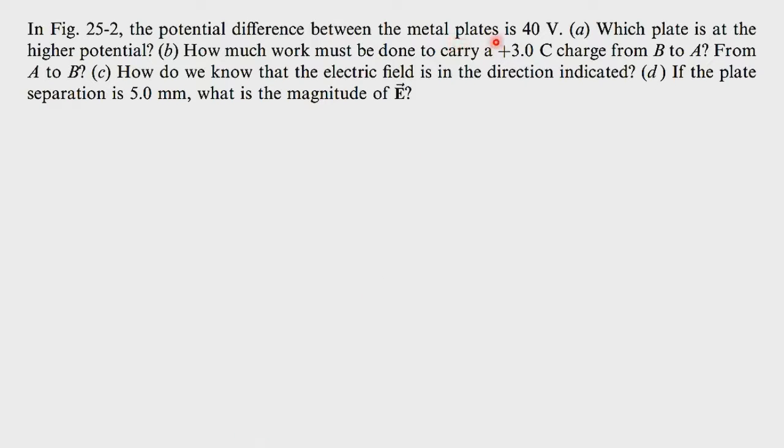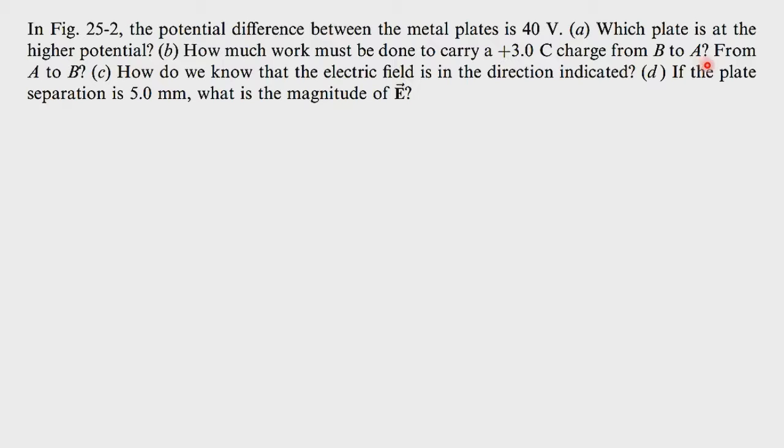So there is a metal plate that is already having a potential difference of 40 volts. The question is, A, which plate is at the higher potential? And B, how much work must be done to carry a positive 3.0 coulomb of charge from B to A and from A to B?